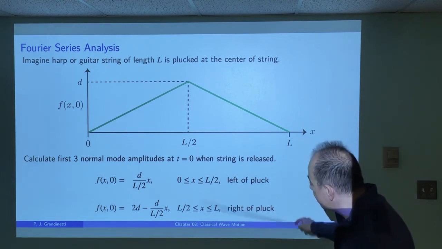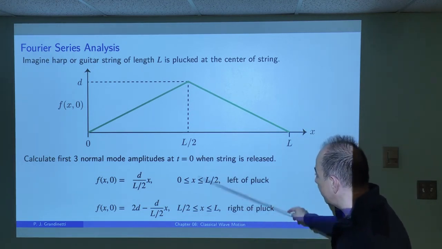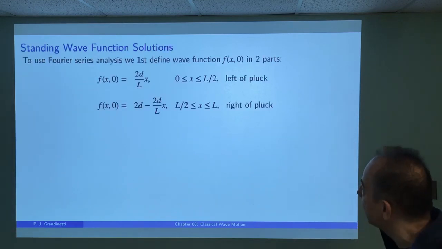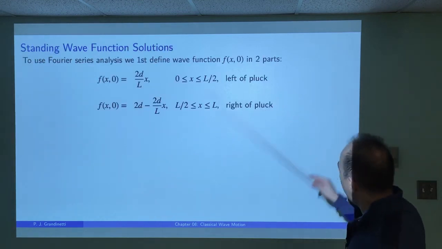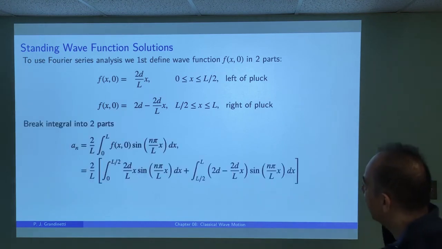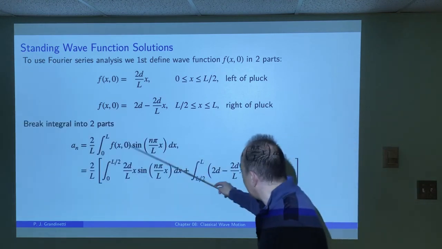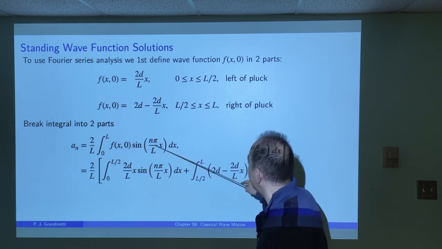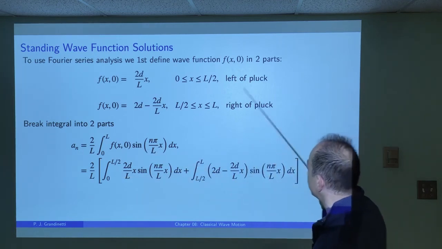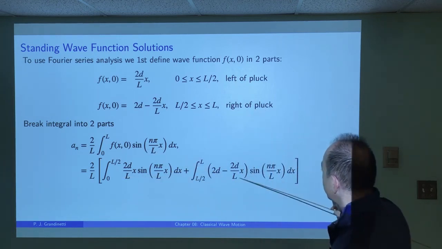So we're going to take this description with these two parts and plug it into that Fourier analysis. So there's left of the pluck, right of the pluck. If I plug them in, I'm going to take my integral, take this guy, plug it into here. My integral is going to break up into two parts, the left part and the right part.